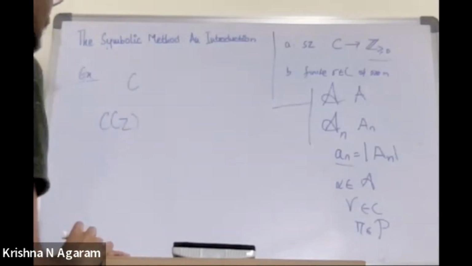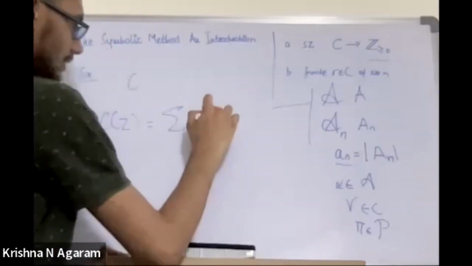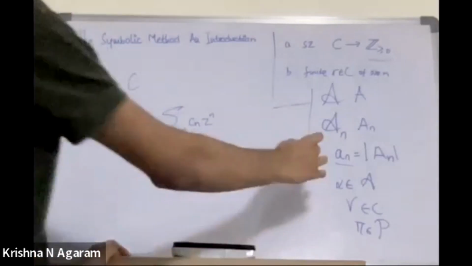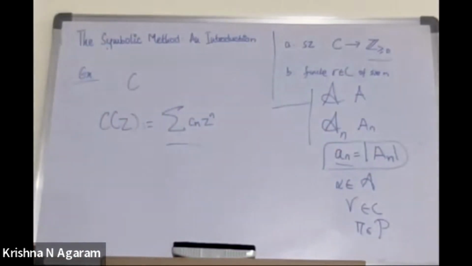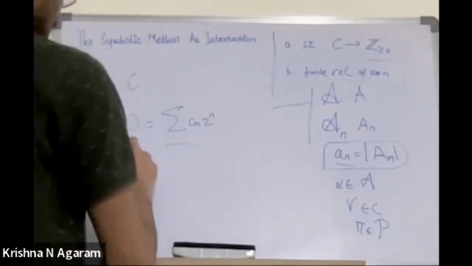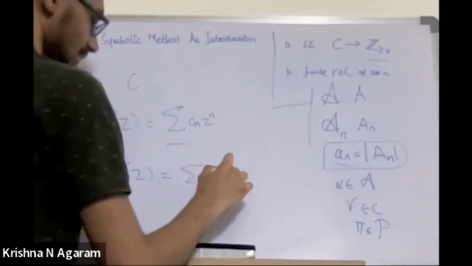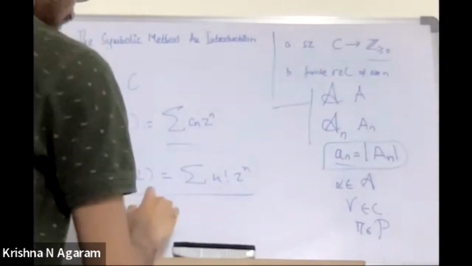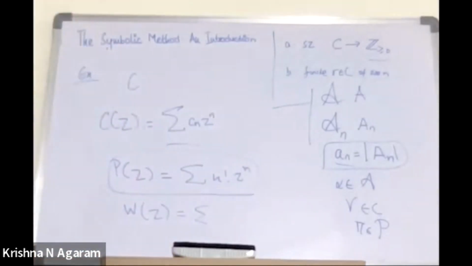Sometimes that Z is even omitted when the context is clear, but C of Z is defined to be this formal series or generating function, where I've already told you what these small c_n are, right? So for the permutation class, P of Z is our friend from earlier, this guy. And for the words, what's the generating function?